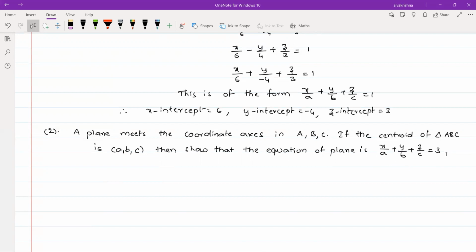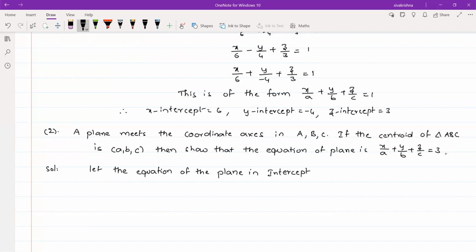Okay, so coming to the solution. First I am writing, let the equation of the plane in intercept form be as follows. Since we have to prove that x by a plus y by b plus z by c is equal to 3, this is the equation of the plane in intercept form.